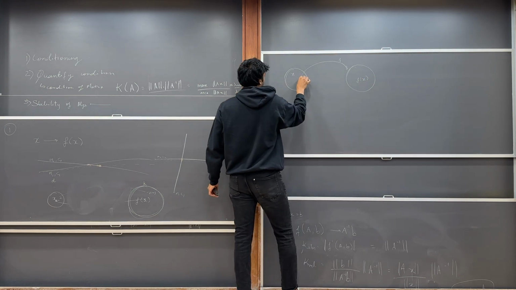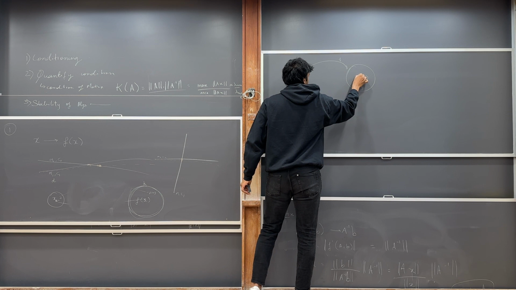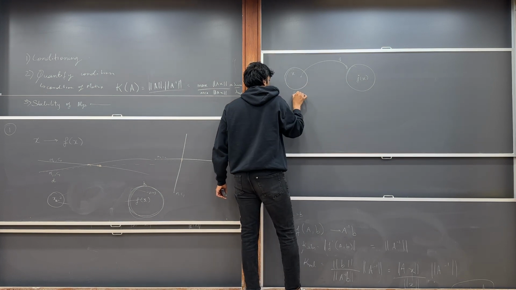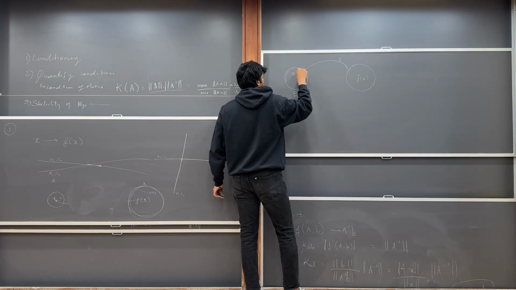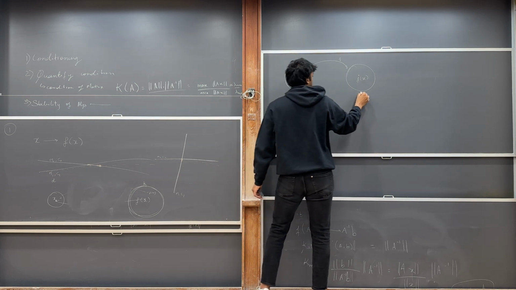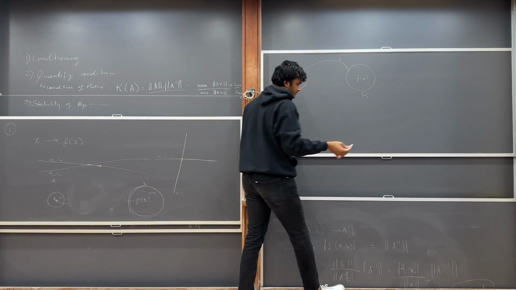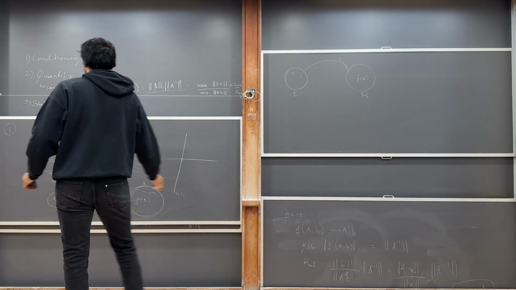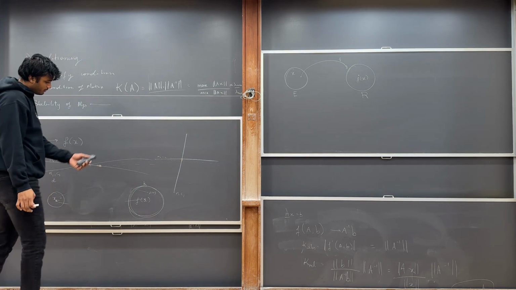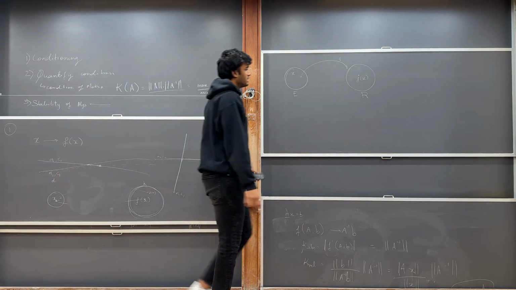Well, this is just one point I'm talking about, x to f of x. This is my set E of all the numbers around x, it maps to, let's say, set R, all the numbers around f of x. So I'm going to construct a diagram here.